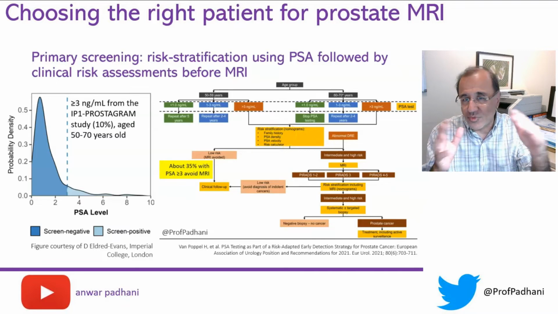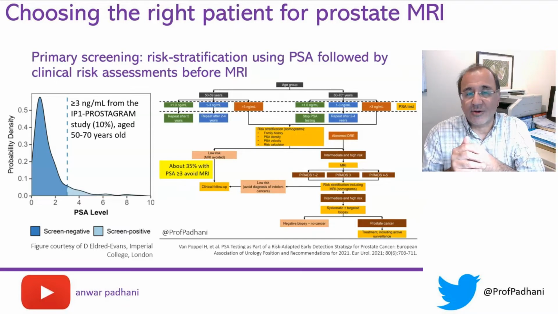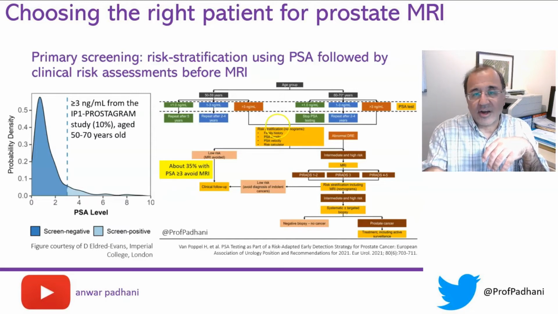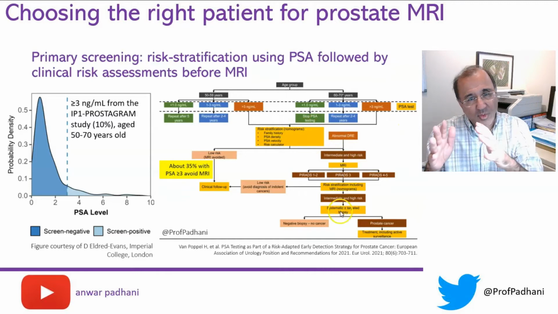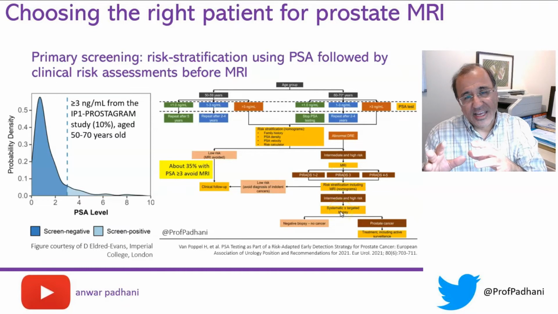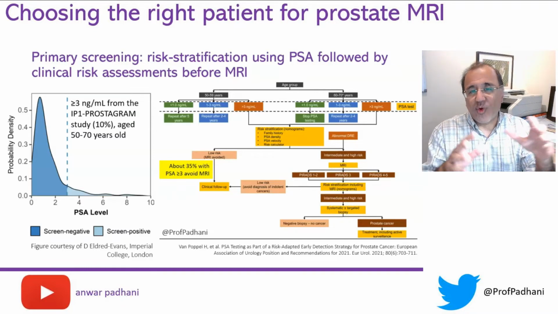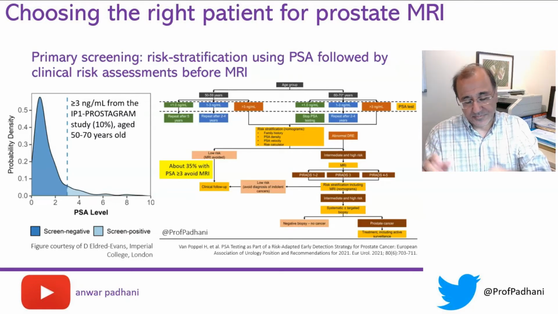And again, something we discussed earlier, you can see it there also. And then if you are at higher risk, then you undergo an MRI, just like we described before. So you can see how the MRI pathway is now being introduced into men in the general screening setting where there is a raised PSA.